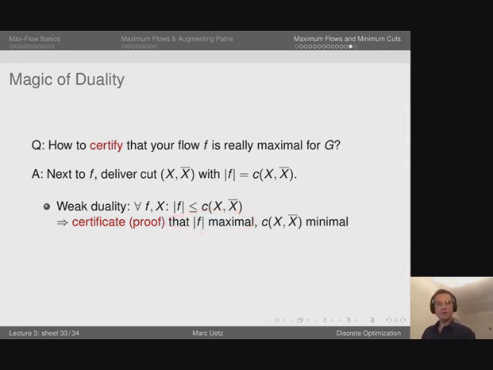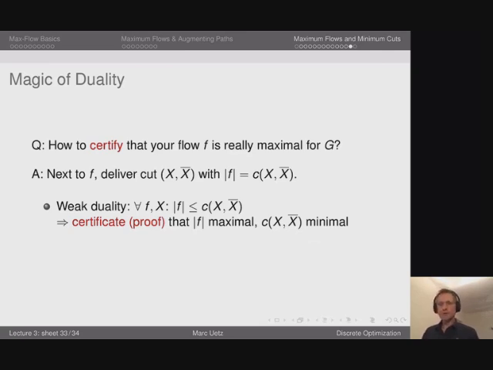And not only that, it's a certificate for the flow being maximal, but it's also a certificate, obviously, for the corresponding cut being a minimal cut in the network. Now, what do I need the max flow min cut theorem for then? Well, the max flow min cut theorem guarantees that such a certification is always possible.